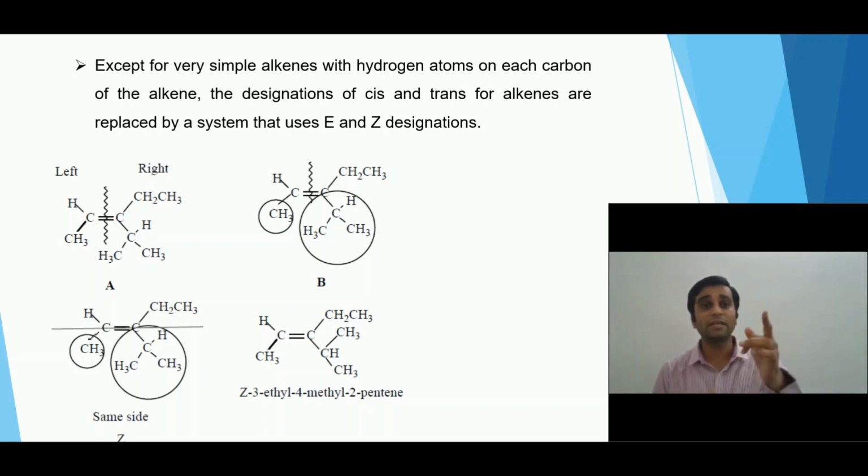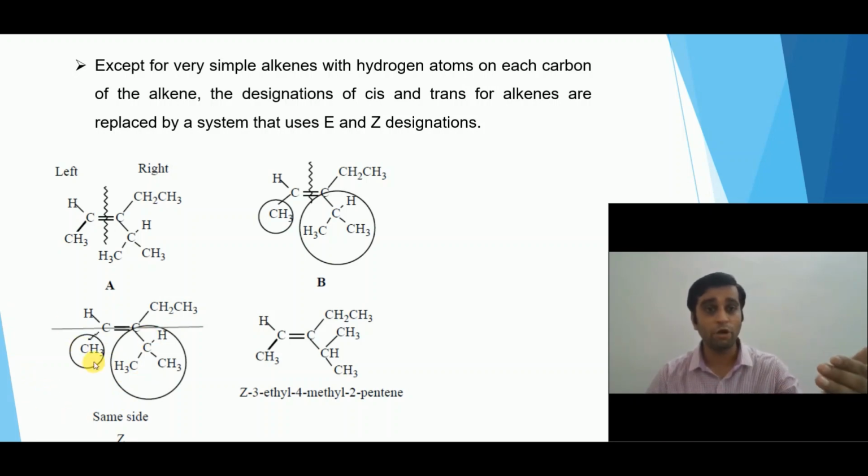The first substituent is CH2CH3, which means that carbon is attached with two hydrogens and one carbon. The other substituent is CH(CH3)2, which means that carbon is attached with two methyl groups and one hydrogen, so two carbons and one hydrogen. So C, C, H takes priority over H, H, C.